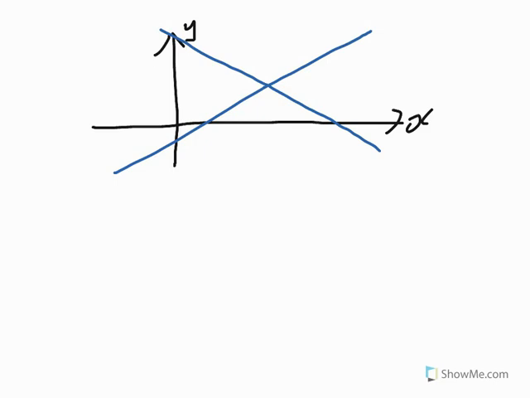Got a couple of foci, got one there and one here. Couple of directrices, one here and one here. And a couple of vertexes there and there. And so that's what it looks like.